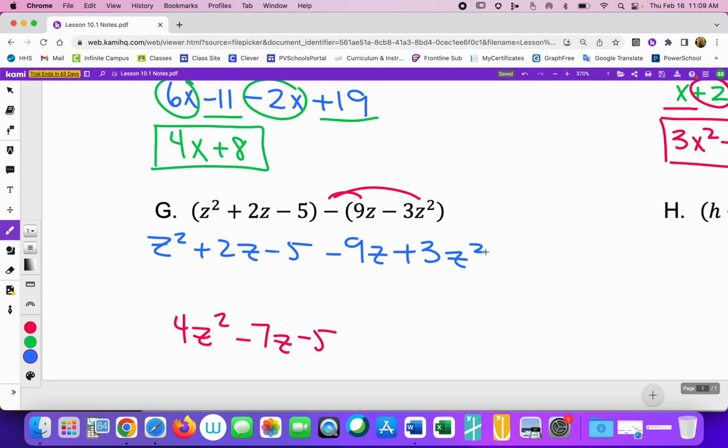But just change the signs. That's all the negative really does. The z squared plus 3z squared is where the 4 came from. 2z minus 9z is negative 7z, minus negative 7z. And then the 5 has no like terms, so minus 5. And I just write my z's like this so they don't look like 2's. But if you write your z's better than me, you don't need the line there.